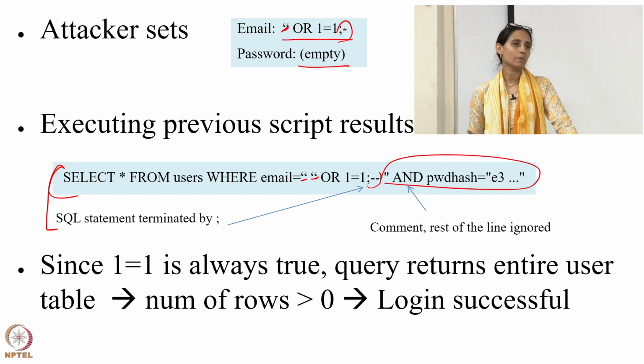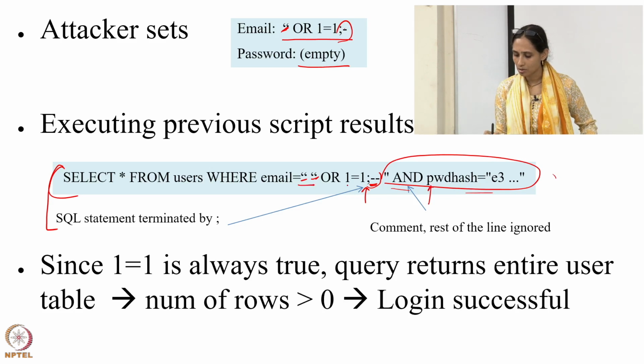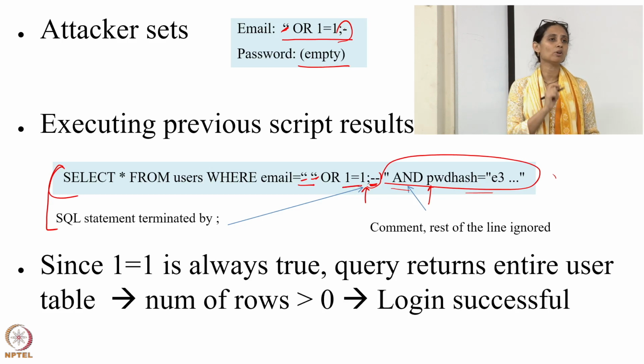You can type a random password there also, it may take a hash of it, but since you did this with a comment, the SQL engine will interpret it as a comment and terminate all that. Now if you see here, it is saying email is this or 1 is equal to 1, and 1 is equal to 1 will always be true.